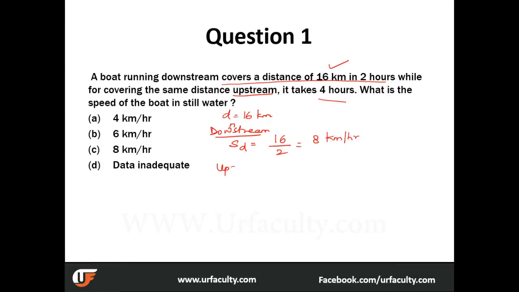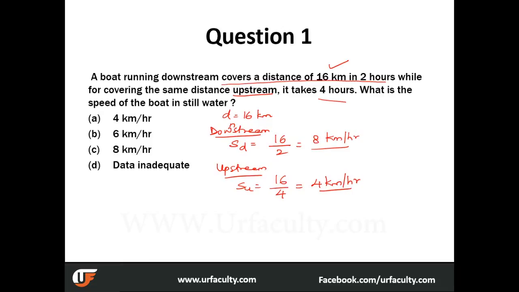Next is upstream. How do you find that out? Well, covering the same distance upstream, it is 16 by 4, which is equal to 4 km per hour. So you have 8 km per hour and then 4 km per hour.